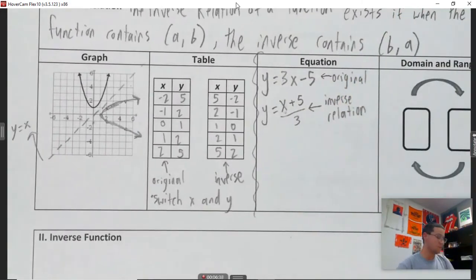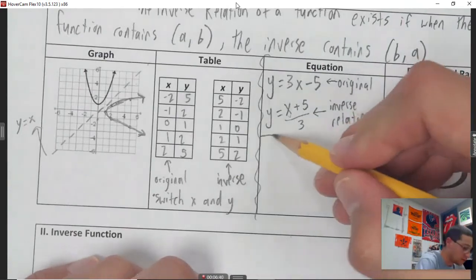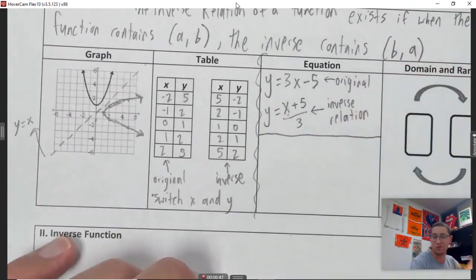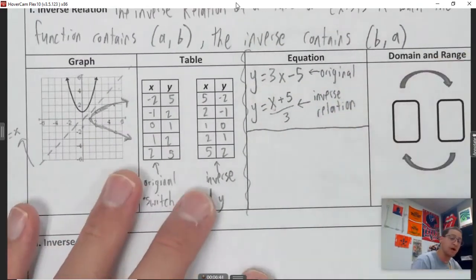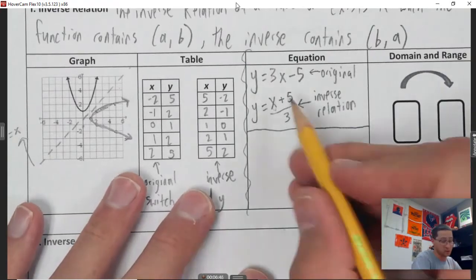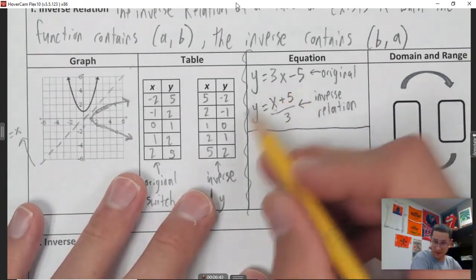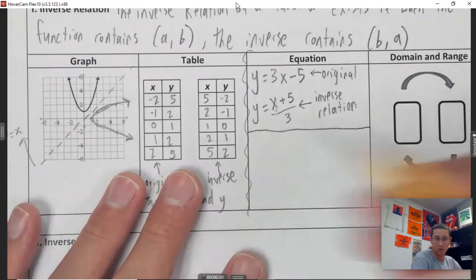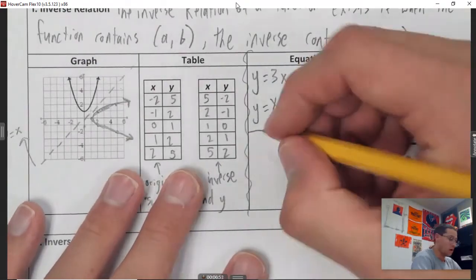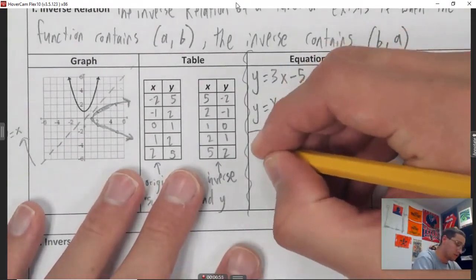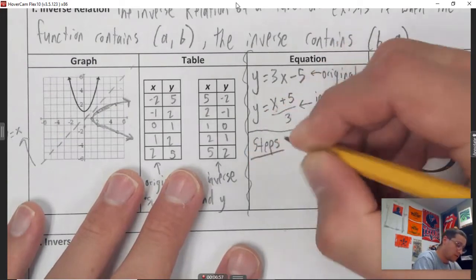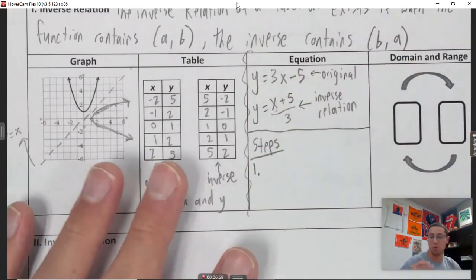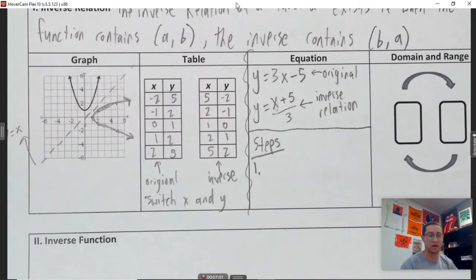Now, I'm going to give you the steps on this, and we'll do examples of it later. In order to find the equation for this inverse relation, there's essentially two steps. These steps can be somewhat complicated, but the big picture steps are very simple.